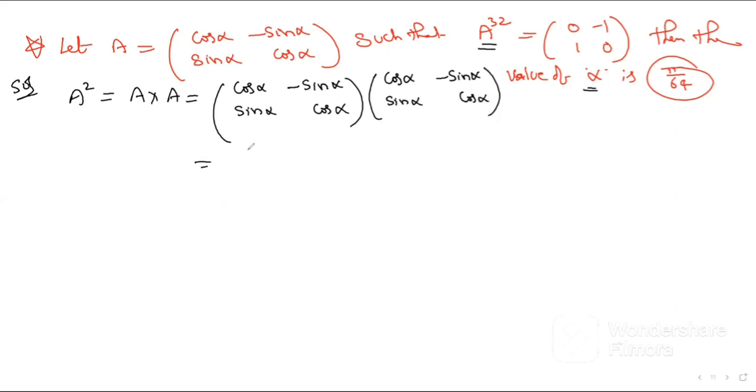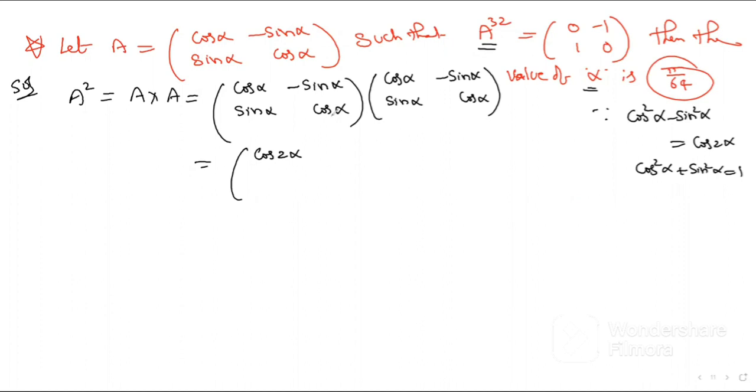Now we should multiply these two matrices. First row multiplied with first column. What we get here? The first row having cos alpha, minus sin alpha, and the first column having cos alpha, sin alpha. What we get here is cos square alpha minus sin square alpha, which is cos 2 alpha. So we have some formulas: cos square alpha minus sin square alpha is equal to cos 2 alpha, and cos square alpha plus sin square alpha is equal to 1.